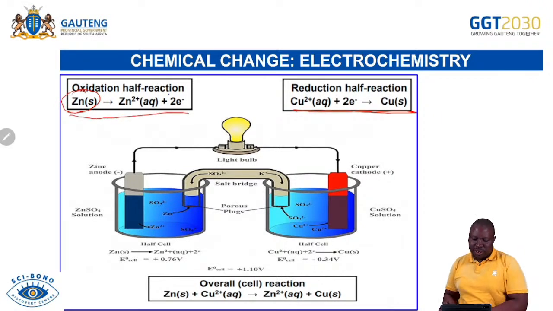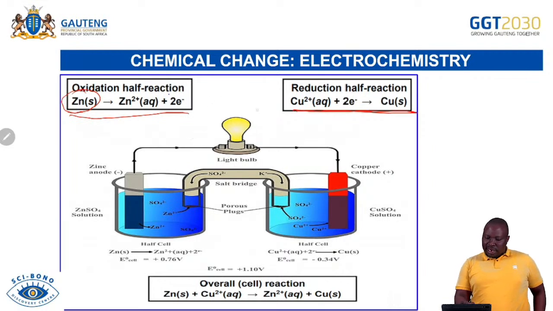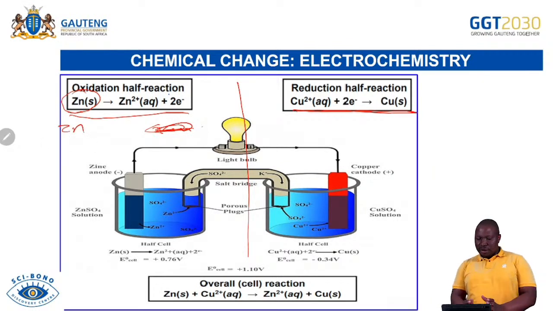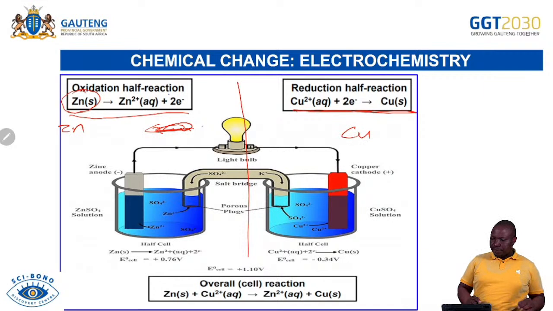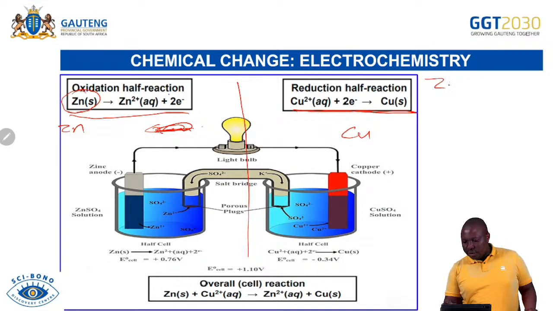This side on my left, we refer to it as the zinc half cell, because we're having zinc this side, and this side is a copper half cell. So this is a zinc copper cell, so we refer to the cell as a zinc copper cell.